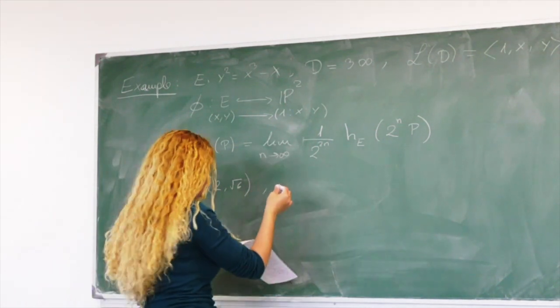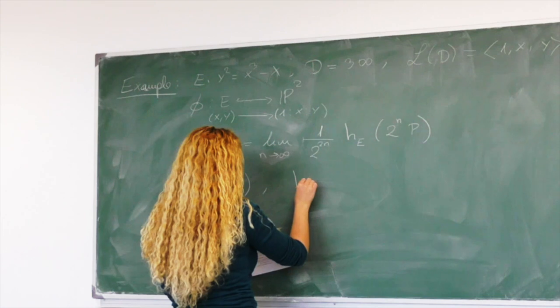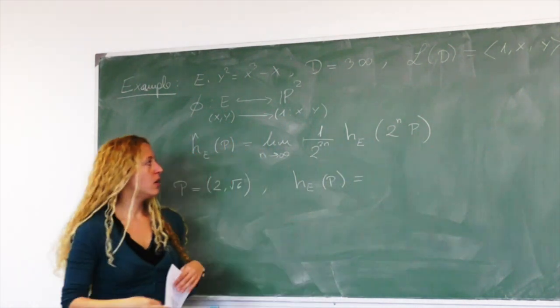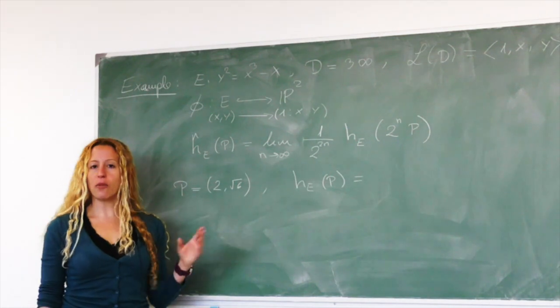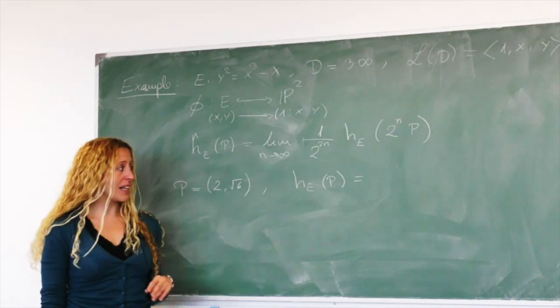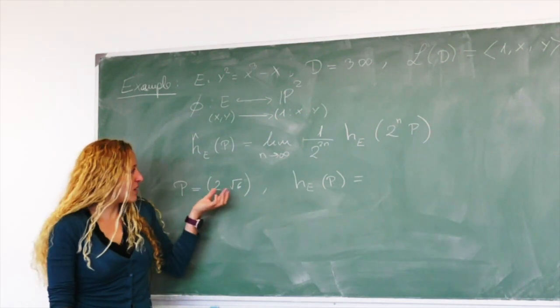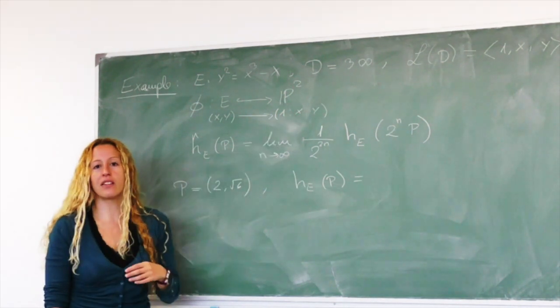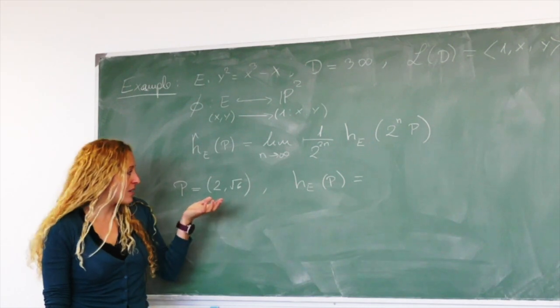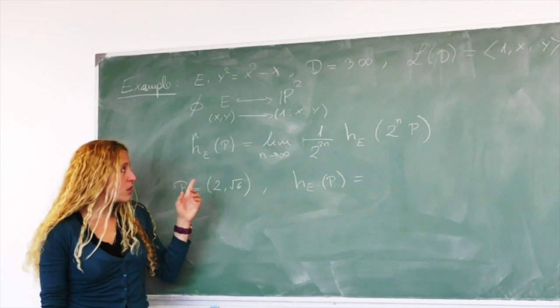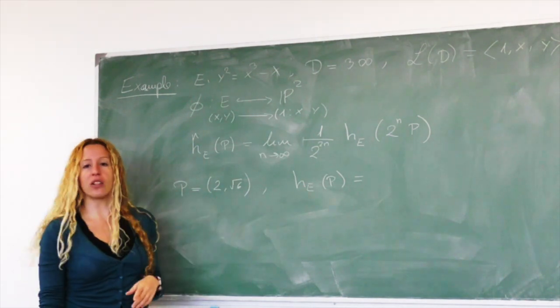So we have this point. Okay, first I'm going to compute the height of this point, but not the canonical height, the normal height. This is just the height on the ambient space, the height of this point as a projective point in here. So this is just the maximum of the classical absolute values of the coordinates.